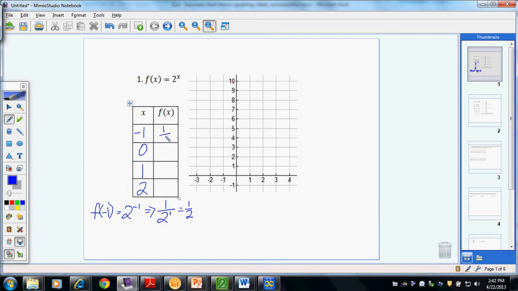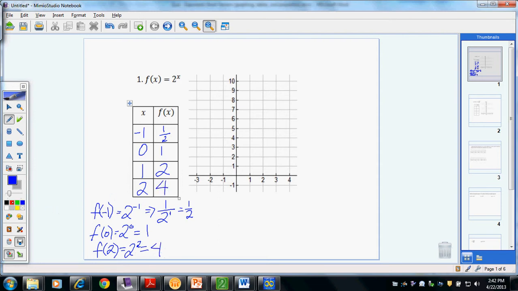For f of 0, we replace the x with 0, and anything to the 0 power is 1. When we replace x with 1, we have 2 to the first, which is 2. And when we replace x with 2, we have 4.